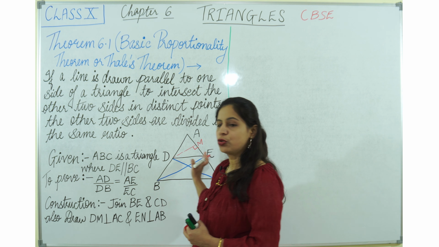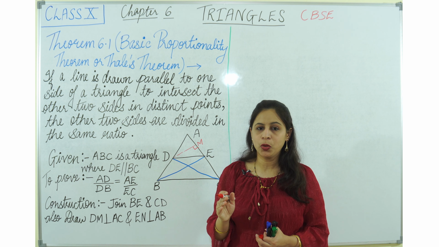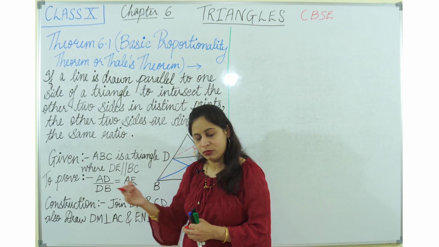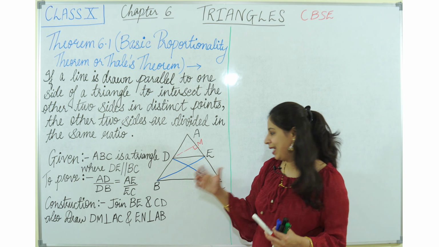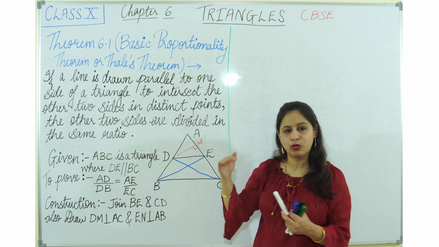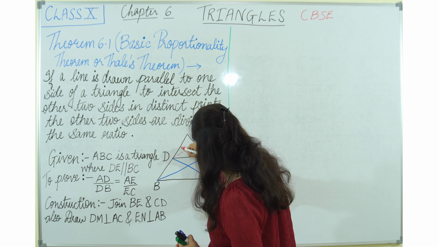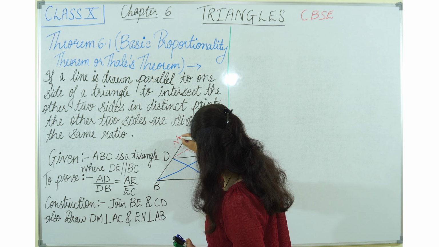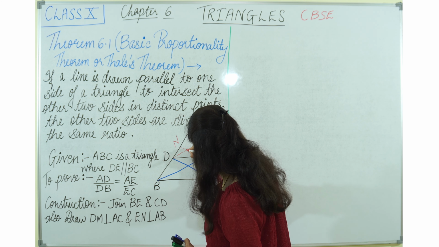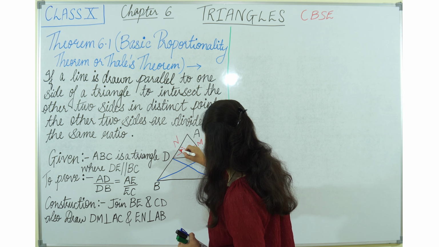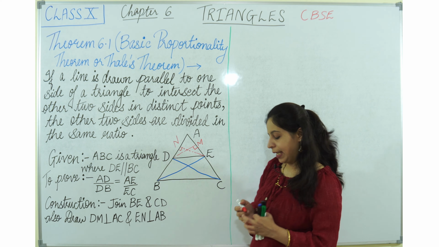That is mandatory. You can change the names, no problem, but the main thing is that perpendiculars should be drawn on the other two sides. So we draw EN from here, and this is also perpendicular to AB.